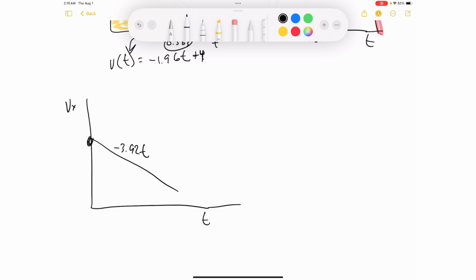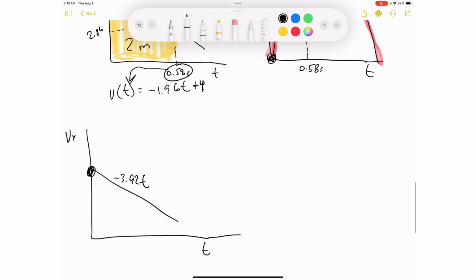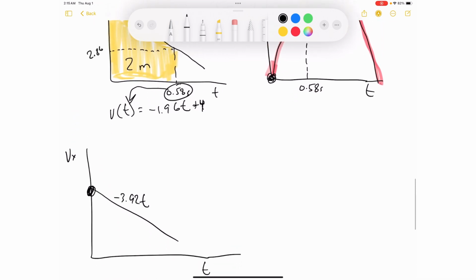Now where is this point right here? Well, it's 2.86. Where we ended off here is where this one starts, 2.86. So we just made a new function. As long as you know the starting point of where the function starts, and you know how it continues, the negative 3.92, then you're cool.